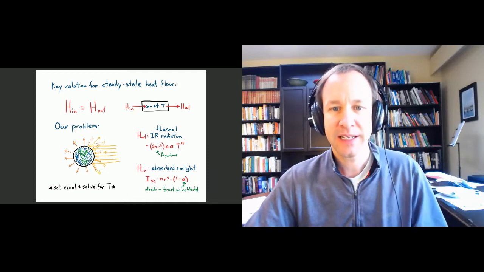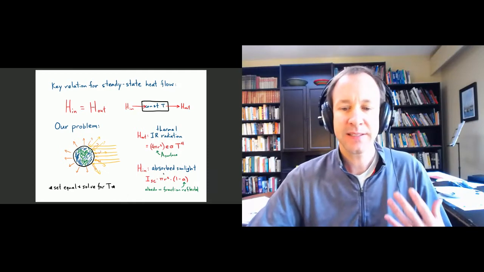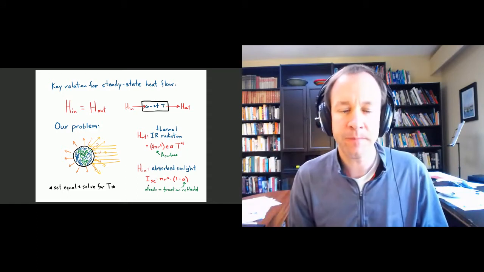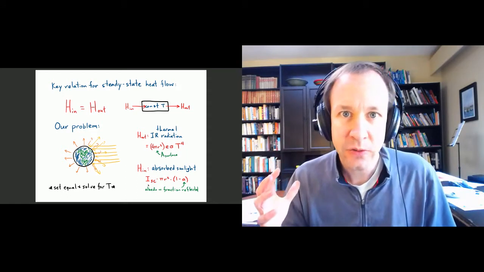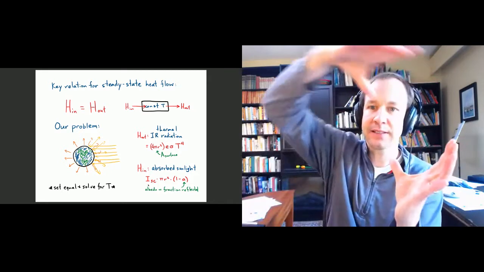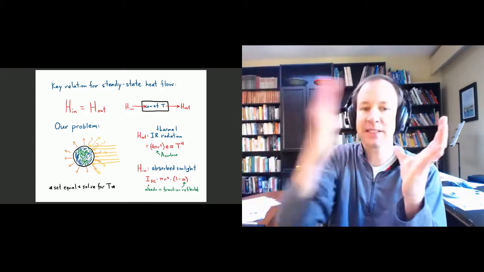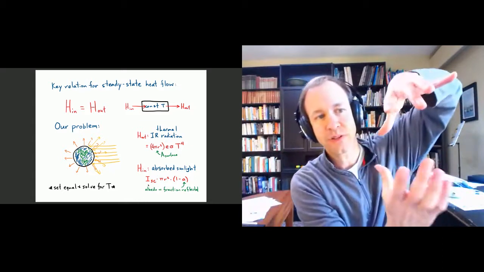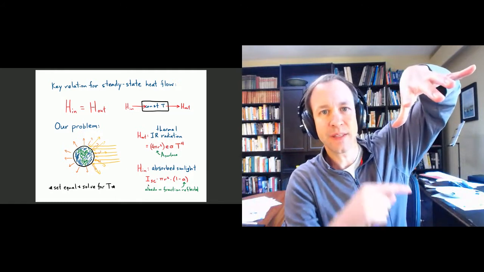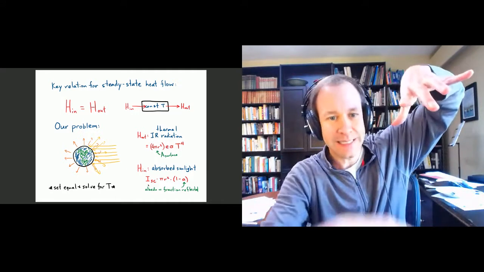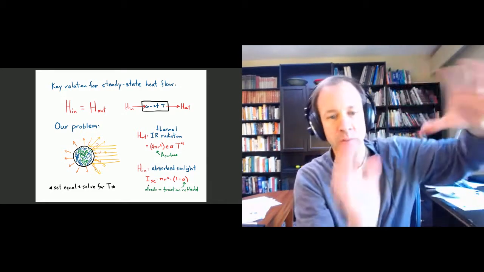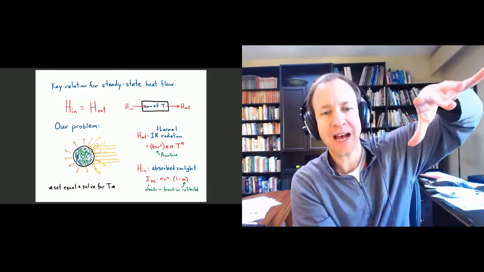The incoming radiation is based on this solar constant, so the intensity of sunlight at Earth. We need to multiply that by the area that the Earth cuts off as the sunlight is coming towards the Earth. There's a certain area that the Earth cuts off, and we understood last time that that was basically the area of a disk. What's important is not the surface area of the whole Earth, or even the surface area of half the Earth.